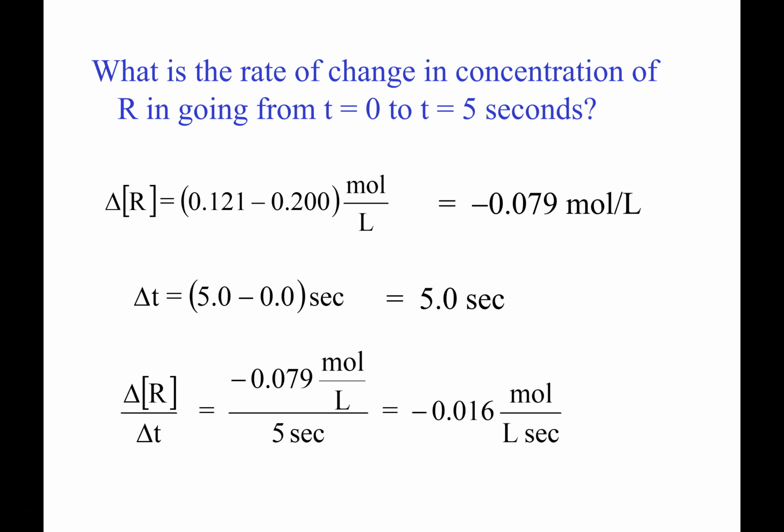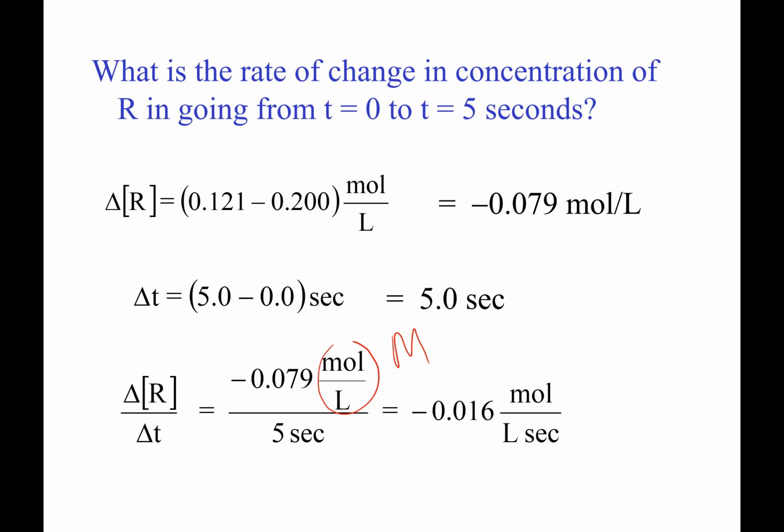And so the rate of change of R over that time interval is negative 0.079. Sometimes I take these moles per liter and just put a big M. Negative 0.079 moles per liter per second.